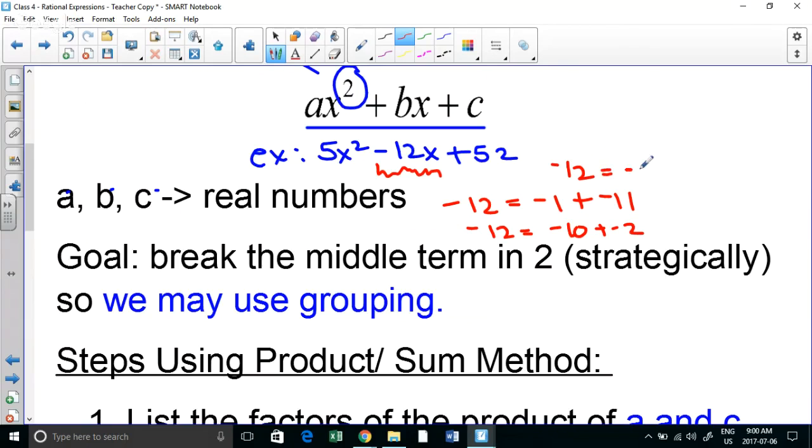It could be negative 15 plus 3. It doesn't matter, it adds up to negative 12. We have all these possibilities to choose from, but we want to choose one that's going to help us use grouping properly. So, this is what we call the product sum method.